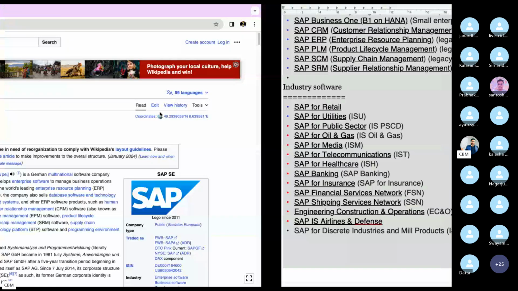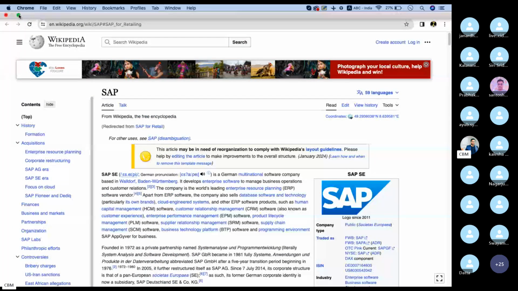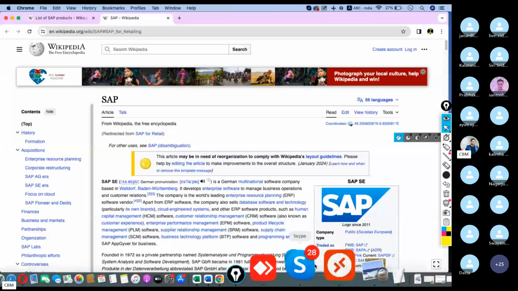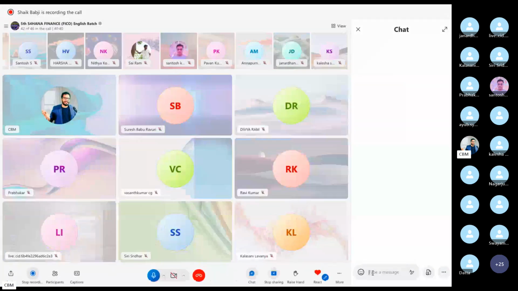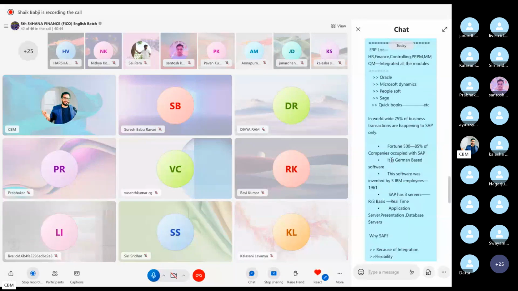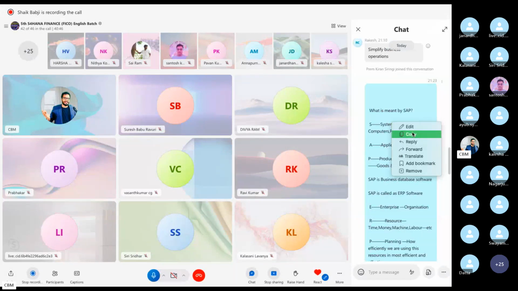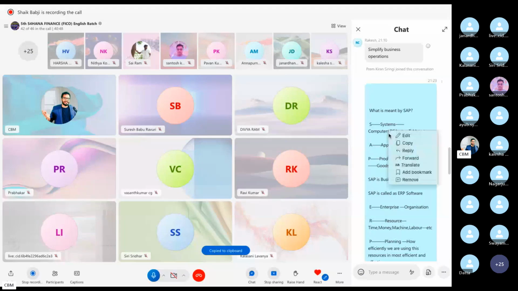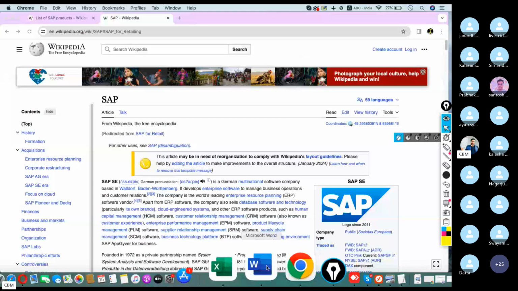I'm just sharing these rough notes in the chat box. What you can do is copy this, right click and copy, and open up your Word file.